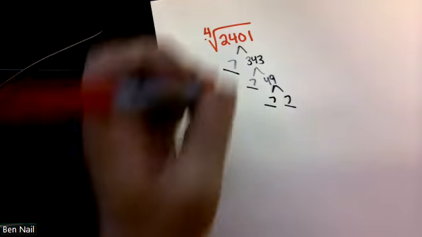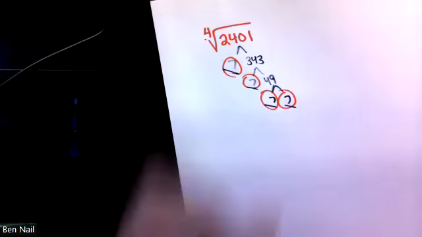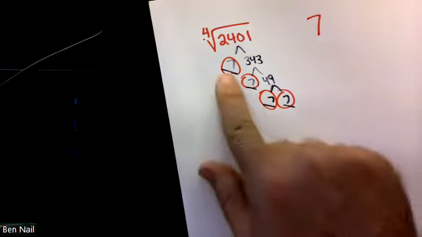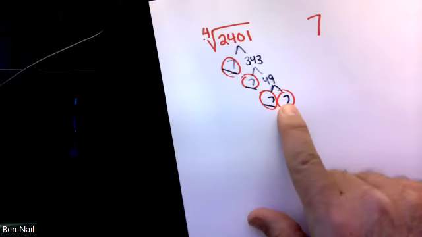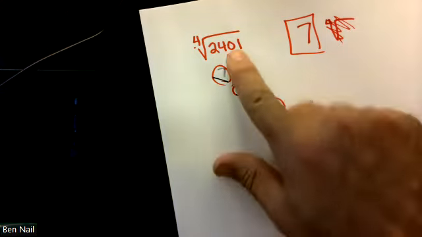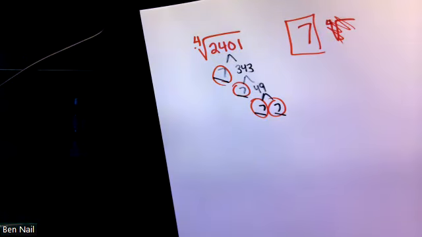That tells me I'm looking for 4 of a kind. If I have 4 of something, that goes outside. But wait a minute, if I don't have anything left over, then I don't have anything inside of the radical. So what that means is this one was actually a perfect root. The fourth root of 2401 is 7.